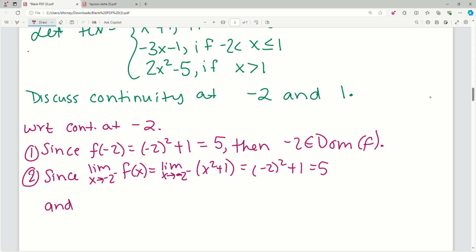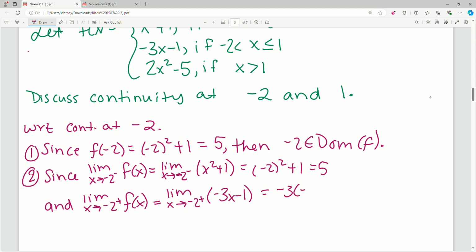And the limit from the right, we're going to use that middle function. Because there are 3 different pieces to the function, I do think it's good to write down the piece you're using.